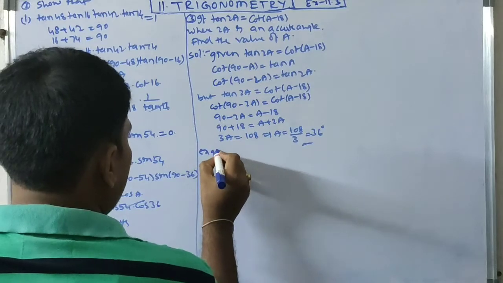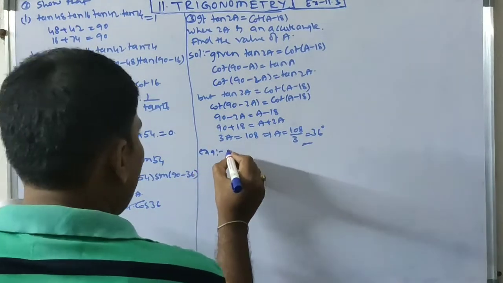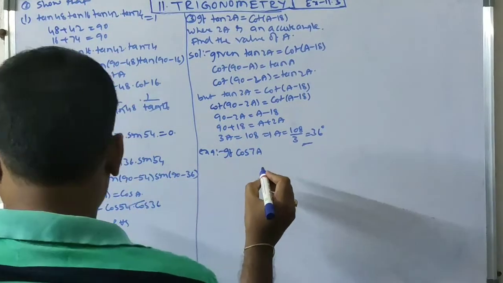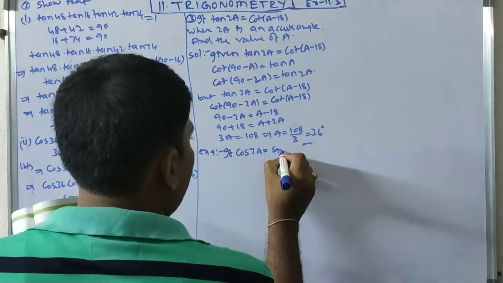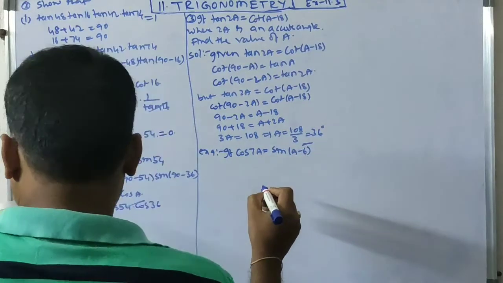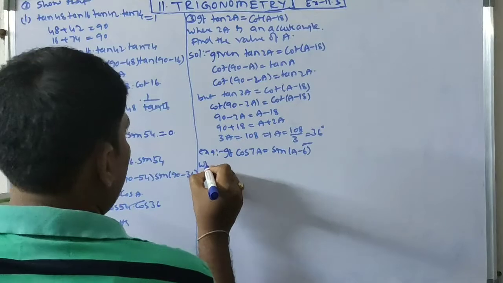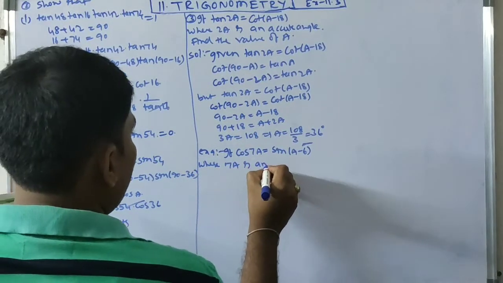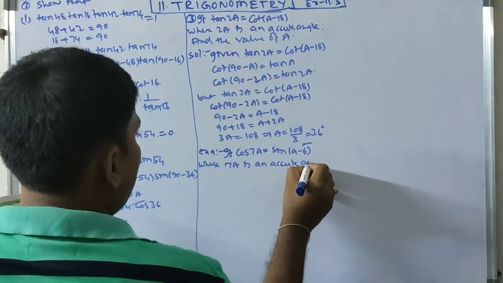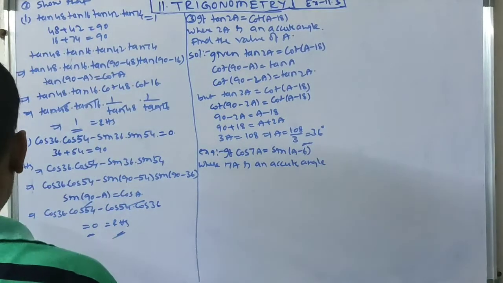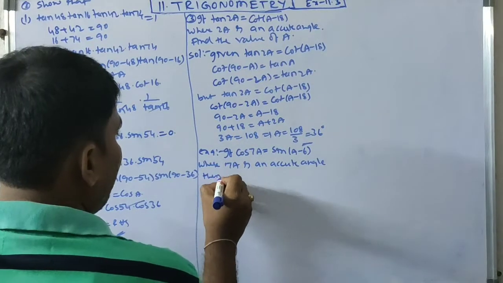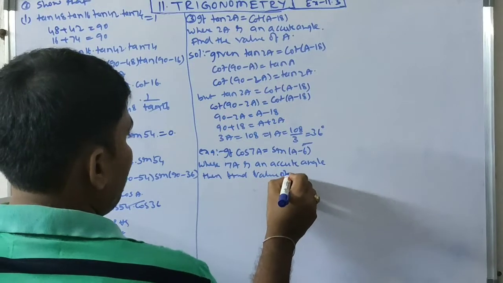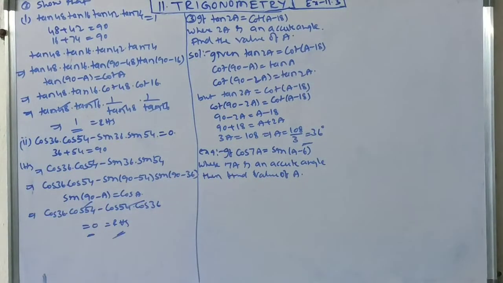Example 9. If cos 7A equals sin of (A minus 6), where 7A is an acute angle, then find the value of A. Similar to this one.